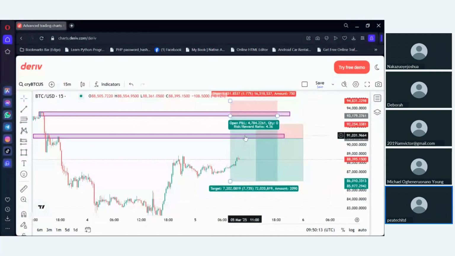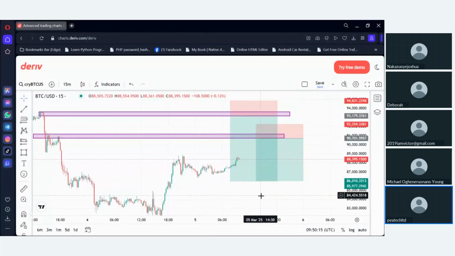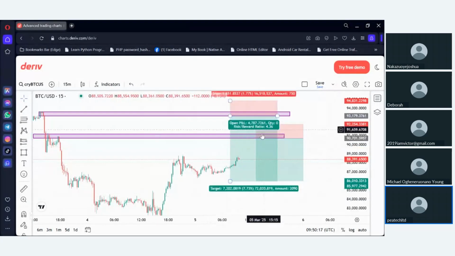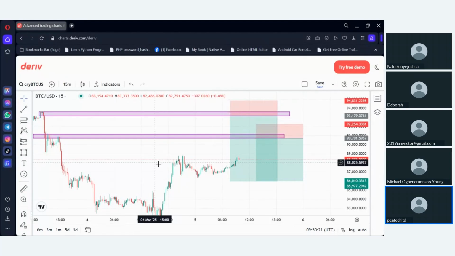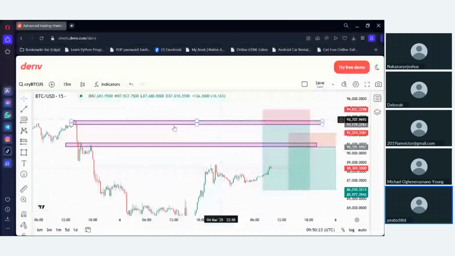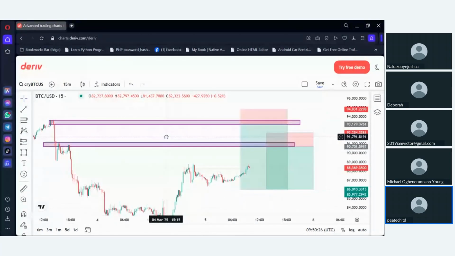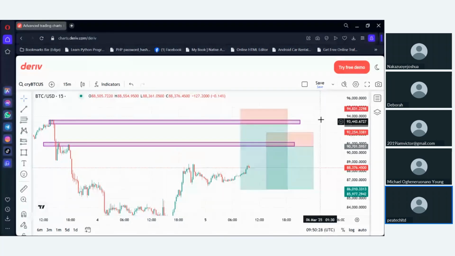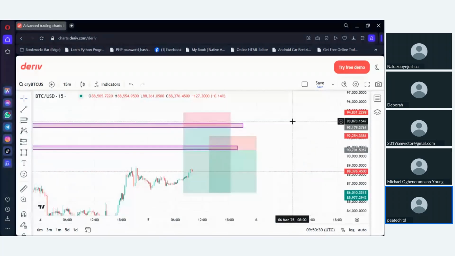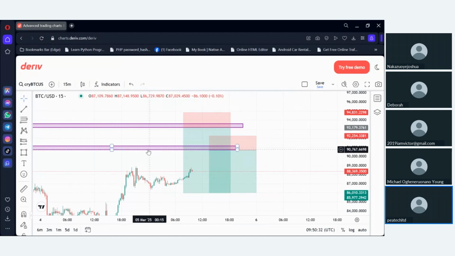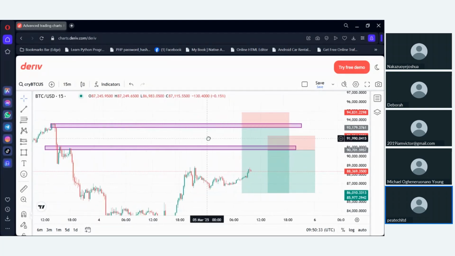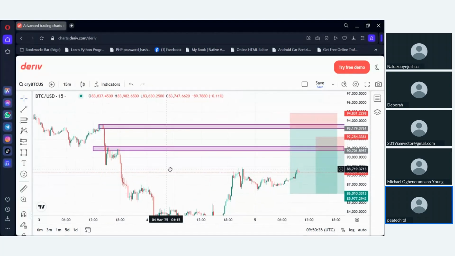So if the market should get to this zone, we start selling downward. And if this one does not work, if it gets to this zone, it should start selling downward, right? Now, what we just did is called sell limit. We are actually telling the market that we are going to sell when you get to any of these zones that we believe the market is supposed to crash from.